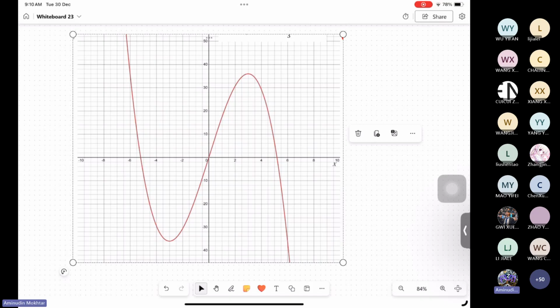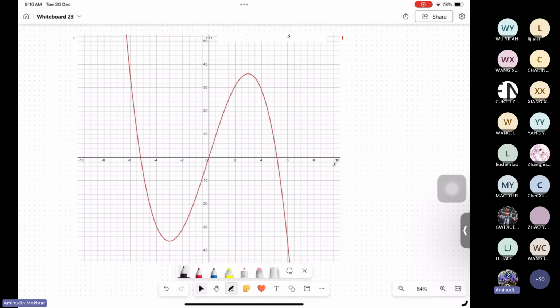When we move from left to right, the value of x increases from left to right. What happens to the function? When the value of x increases from negative to positive, we can clearly see the graph is decreasing.